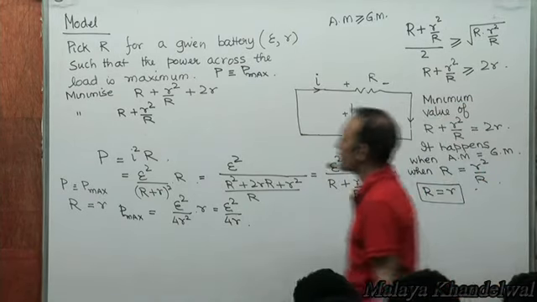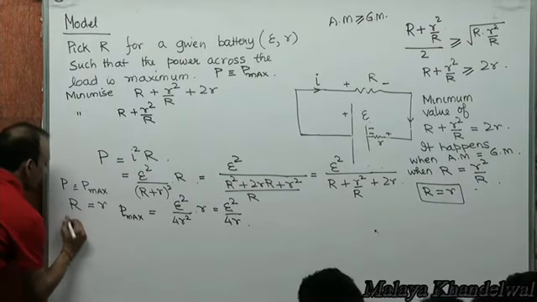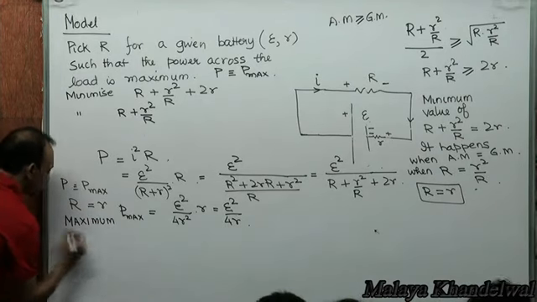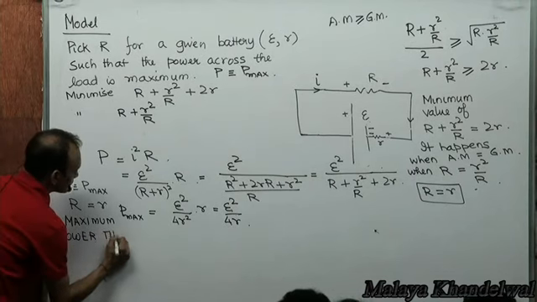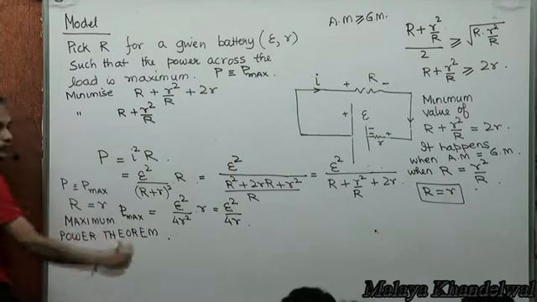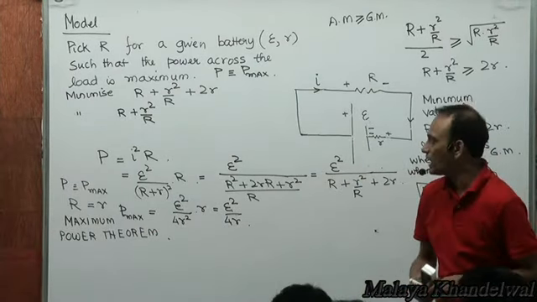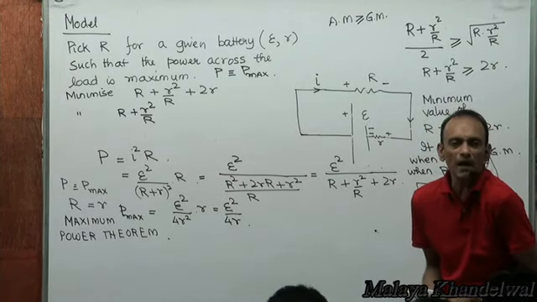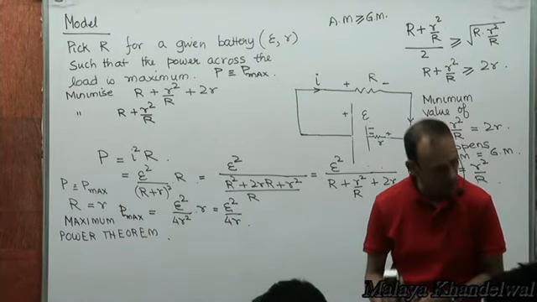And by the way, this condition is called the maximum power theorem. Capital R equal to small r, that's the condition for maximum power, and this condition is called the maximum power theorem.